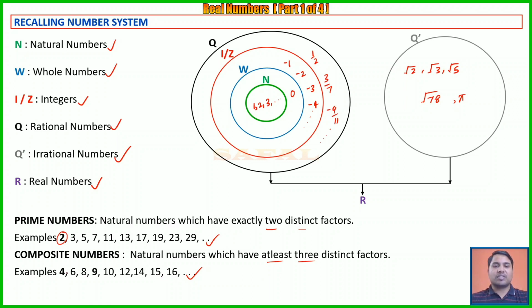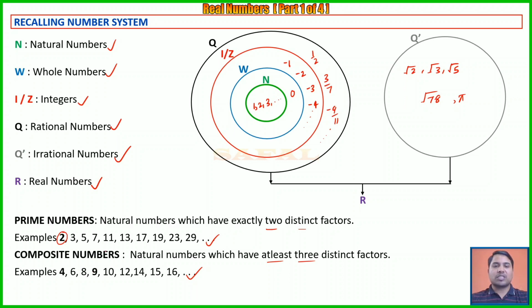For example, you can see 4 is divisible by 1, by 2, by 4. So it has 3 distinct factors, hence it's a composite number. Again, I have highlighted 4 and 9 in bold. The reason is 4 is the smallest even composite number and 9 is the smallest odd composite number.